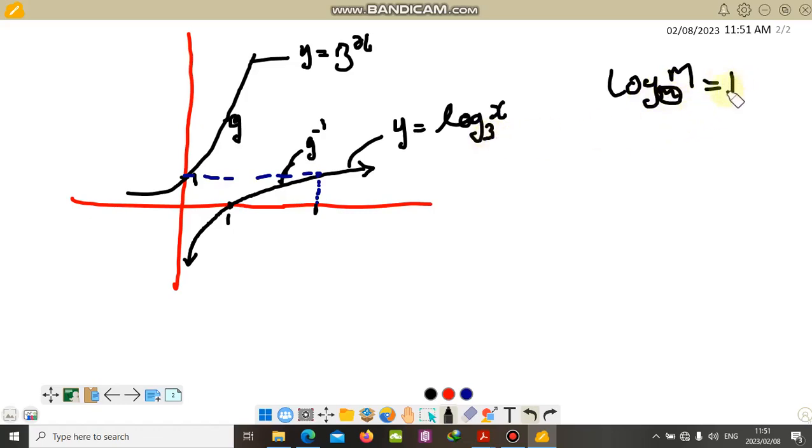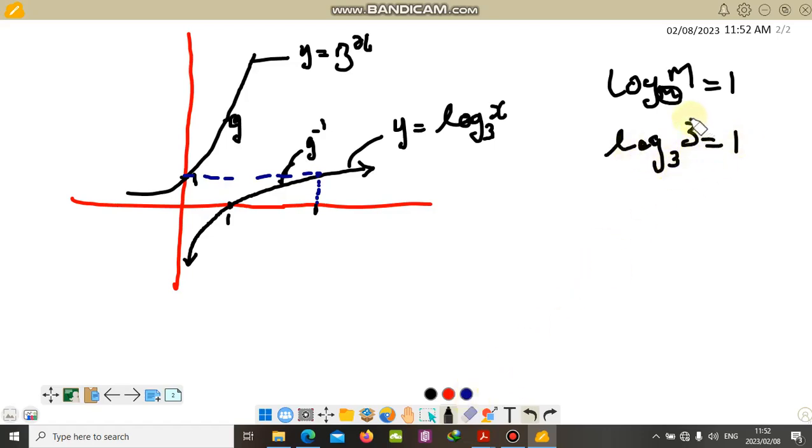So for us to get 1, the number has to be 3 in order for us to have 1. So it's going to be log 3 base 3 equals 1.